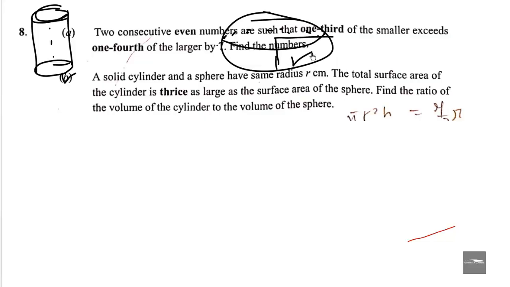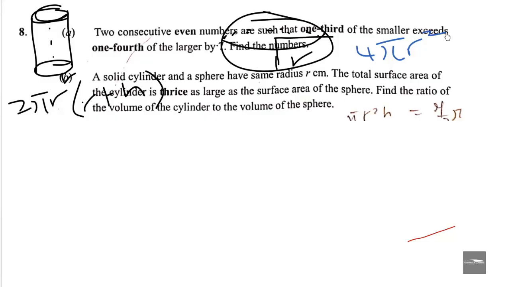The total surface area of the cylinder is 2 pi r into bracket r plus h, and the total surface area of the sphere is 4 pi r squared. 4 times the area of a circle will give you the area of a sphere, not 2 times.